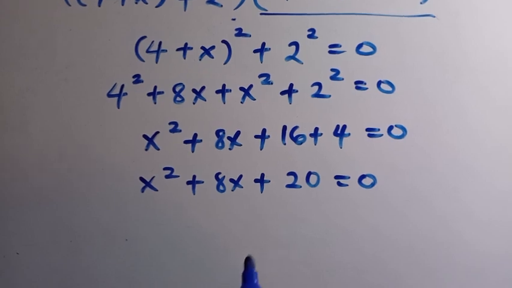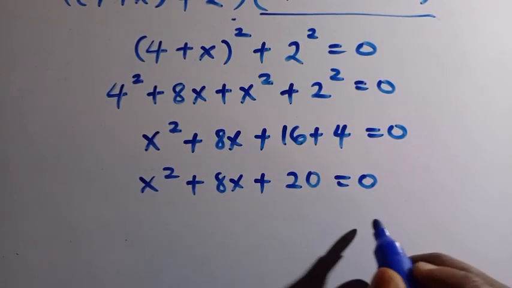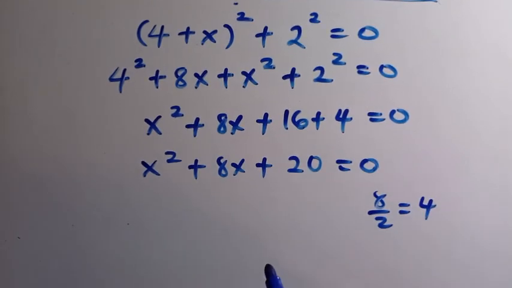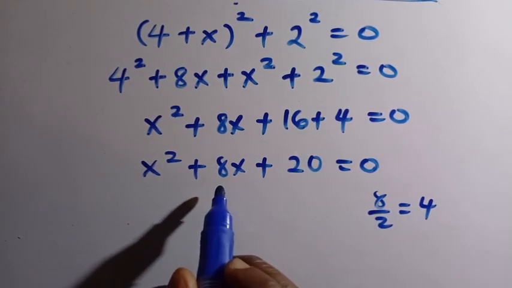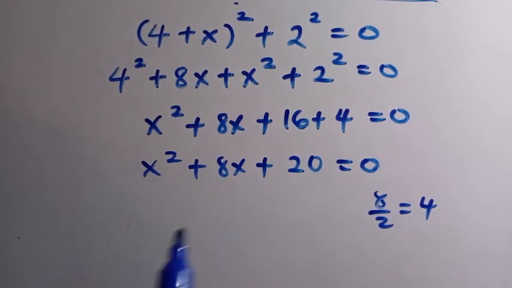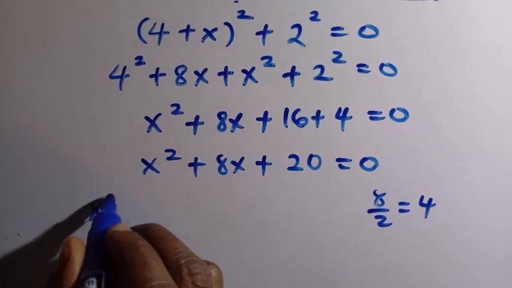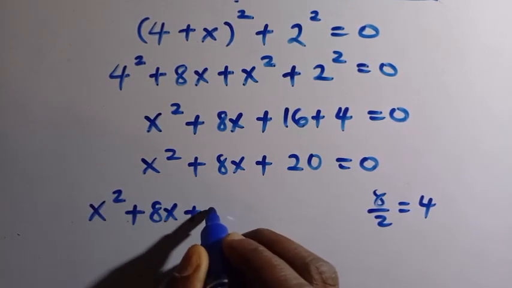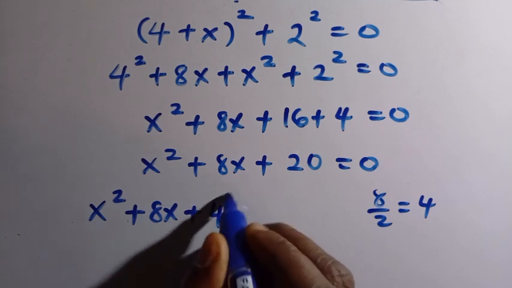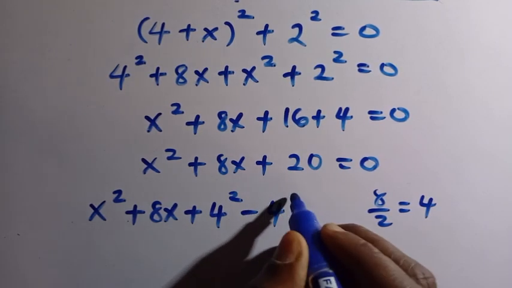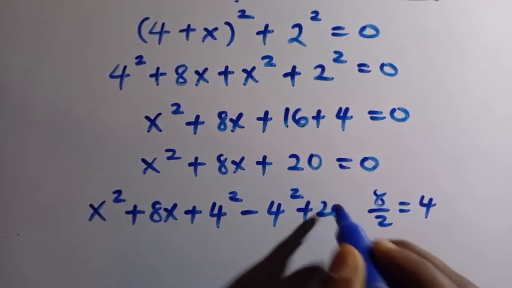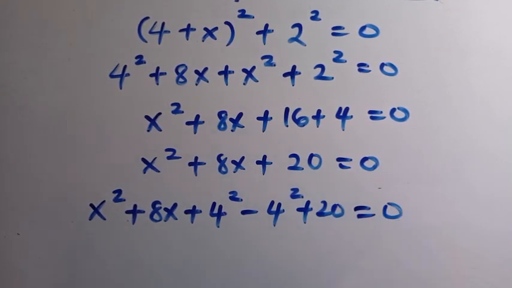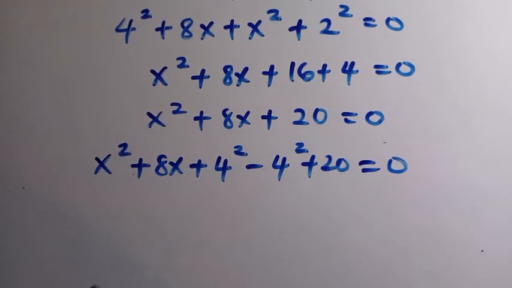And then, suppose 8 here, if I divide 8 by 2, that gives us 4. So let's say I add and subtract 4 squared from here. We have x^2 + 8x + 4^2 - 4^2 + 20 = 0.